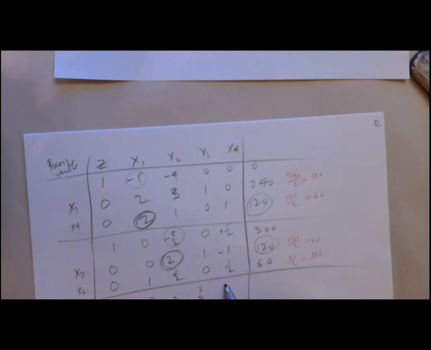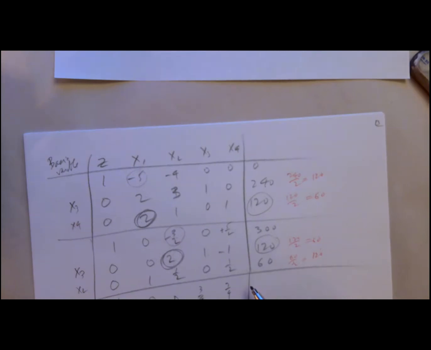So 5 halves minus 3/4 is 7/4. Oops. Let's see. Something here I didn't do correctly.